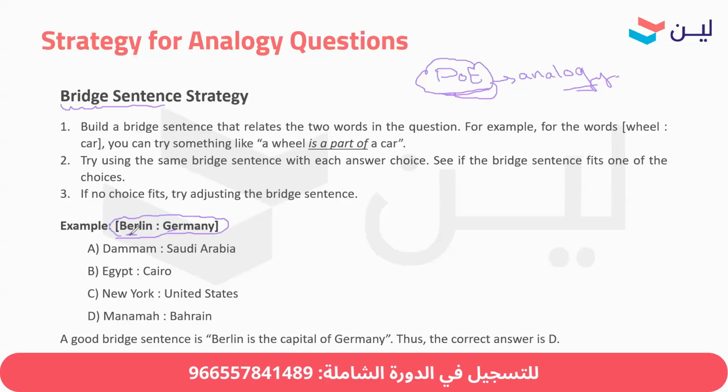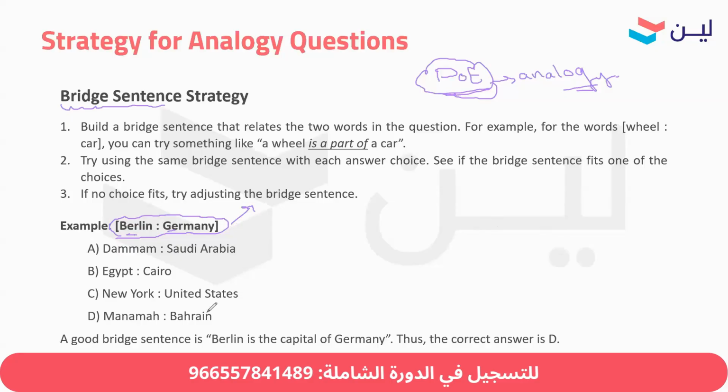Berlin is located in Germany. Excellent, Ibrahim. Thank you so much. The city is in Germany. Good. Fahd came up with another relation: is the capital of Germany, same as Farah. Good job, excellent, amazing. These are good sentences. So one of the bridge sentences: Berlin is located in Germany, or Berlin is the capital of Germany.